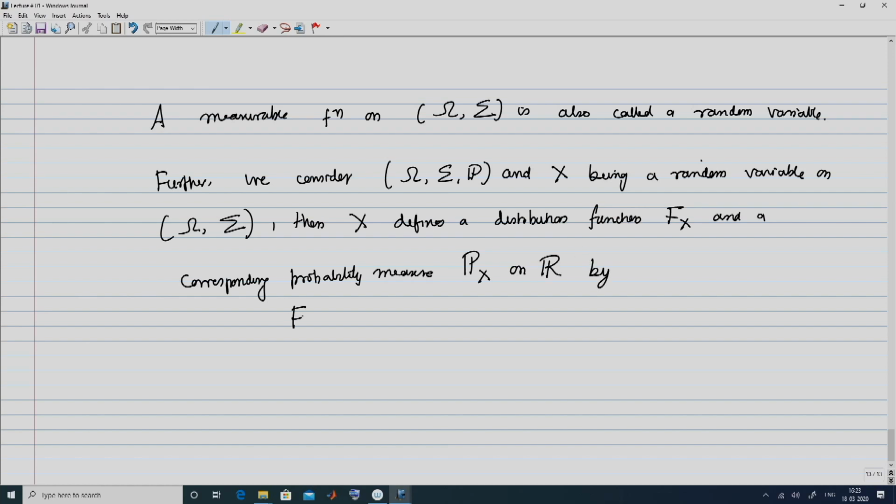I denote this by F_X of t, which is P_X of (minus infinity, t], the same as the probability of X being less than or equal to t.